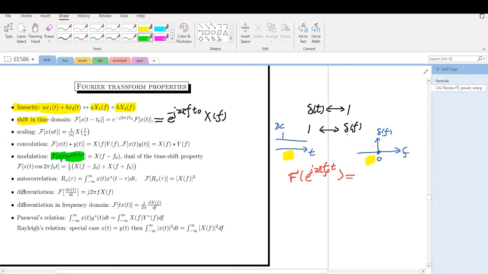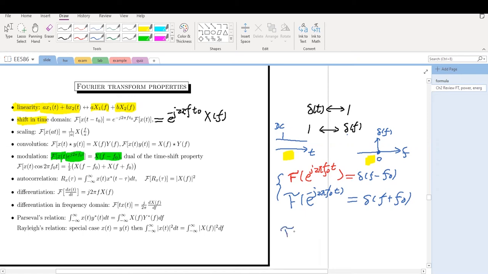In this case, x(t) equals 1, whose Fourier transform is delta(f). Using the modulation property, the Fourier transform of e to the power j 2 pi f naught t equals delta(f minus f naught). By the same token, for e to the power minus j 2 pi f naught t, it equals delta(f plus f naught), right? So these are typical Fourier transform pairs.